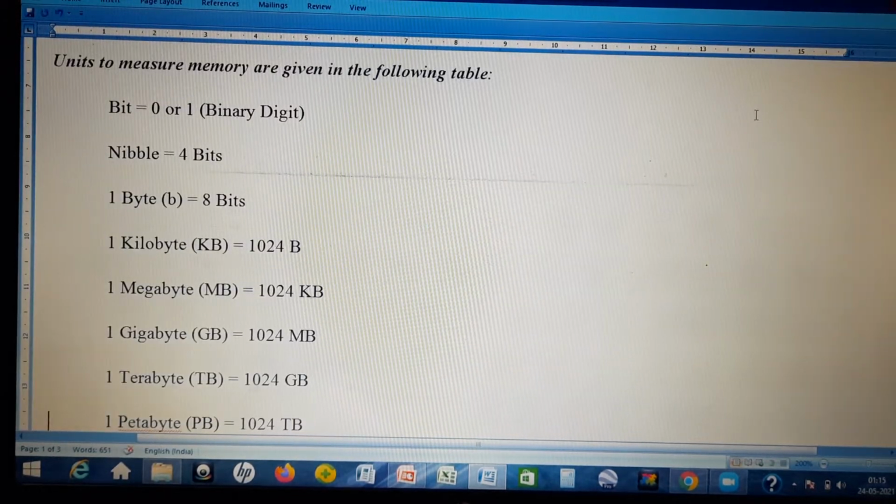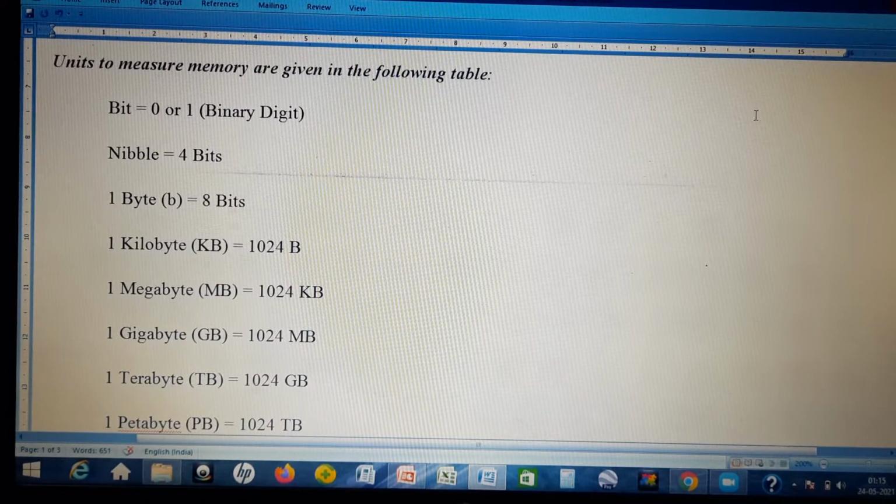Okay, students, units to measure memory are given in the following table. Students, you can see here the measurement of memory.